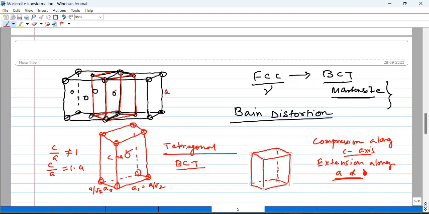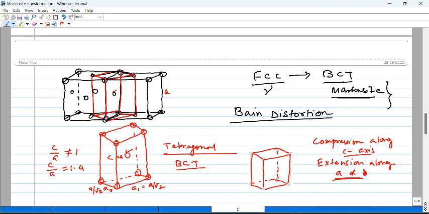If I just compress it along the C axis and allow it to expand along the other two axes, the A1 and A2, or A and B, then it would take up a structure where the C by A ratio is still more than 1.